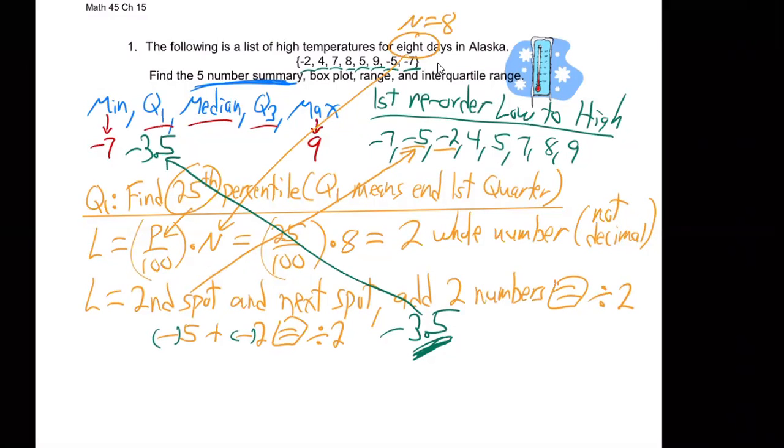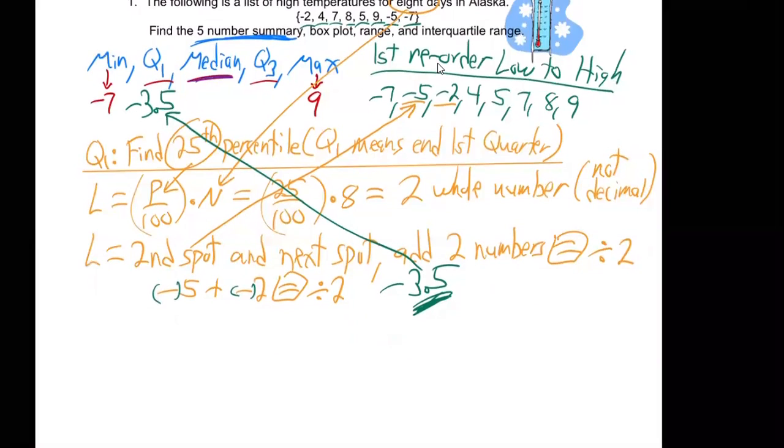Let's go now and do the median. How are we going to find the median next? Median means middle. If you're in the middle of a football game or basketball game, what percent of the game is over? 50%.